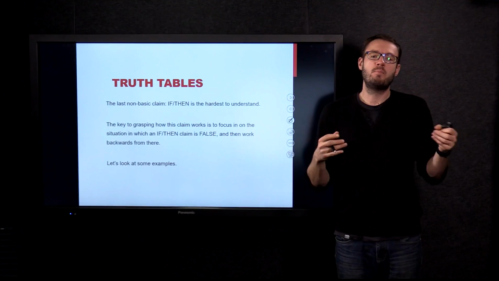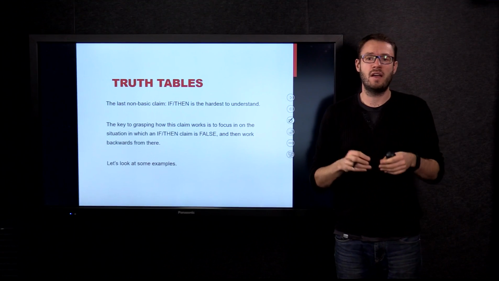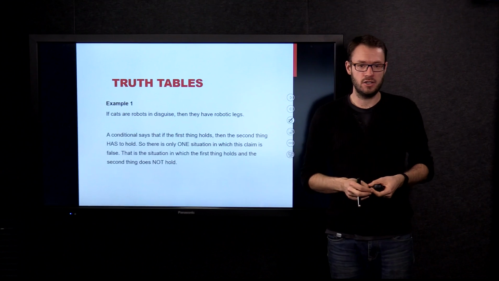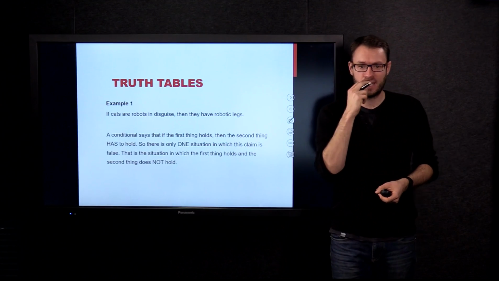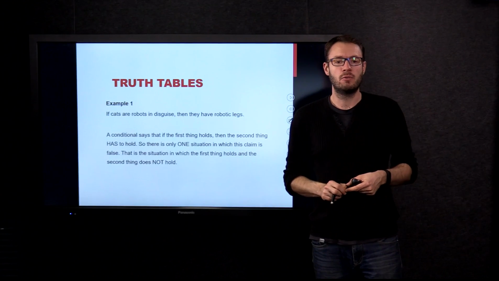Okay. I'm going to build up the conditional step by step. I'm going to start with the easy aspects of the conditional, and then we're going to look at the harder aspects of the conditional. So consider the following conditional statement. If cats are robots in disguise, then they have robotic legs.